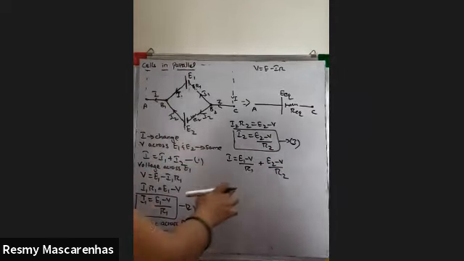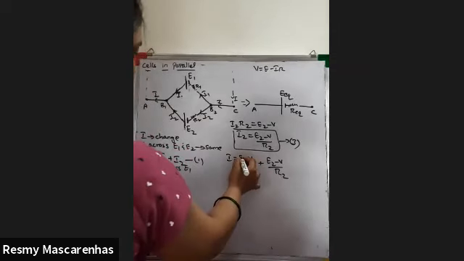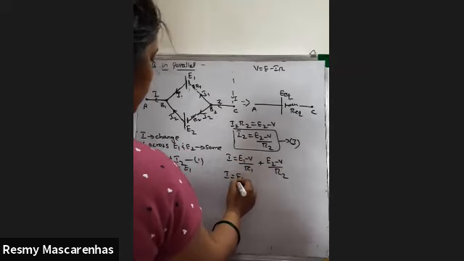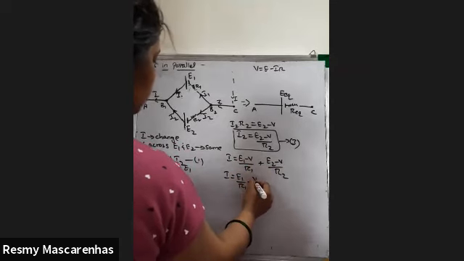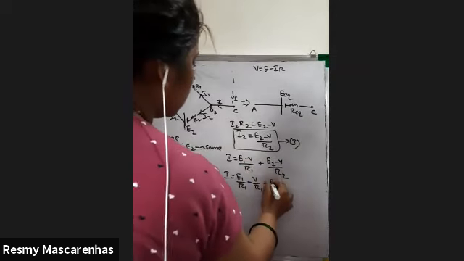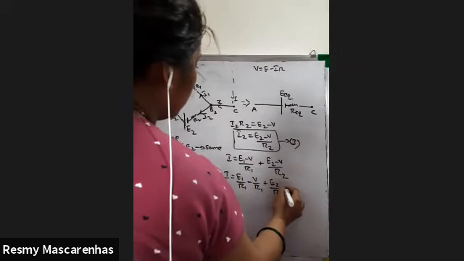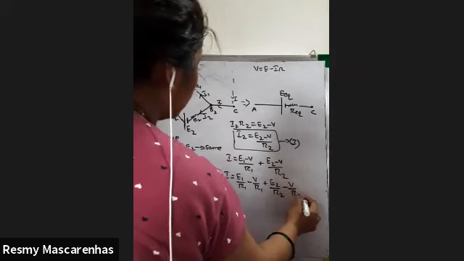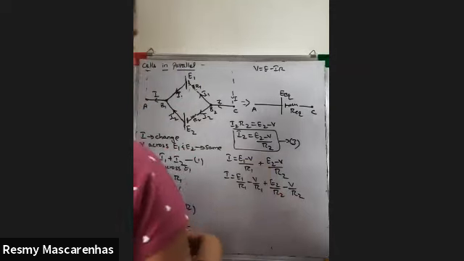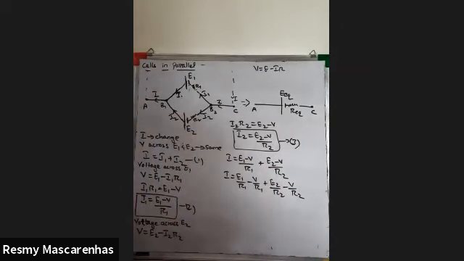What I'll do is I'll split the denominator. So I will be E1 by R1 minus V by R1 plus E2 by R2 minus V by R2. Next, I'll take E terms together and V terms together.